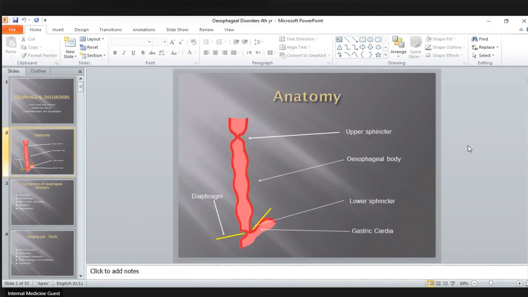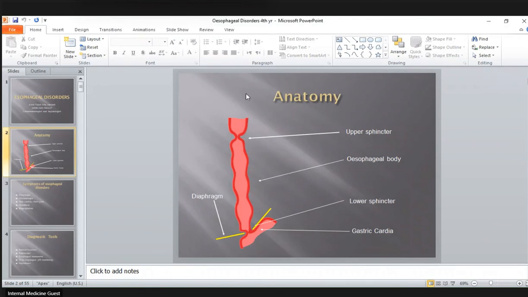To start with, we have to know what we are talking about, the esophagus. It's just a tube, a muscular tube. Most of the muscles are smooth muscles, and the whole tube is smooth muscle, except the area just near the upper esophageal sphincter, where smooth and skeletal muscles join together, and above it becomes all skeletal muscle.